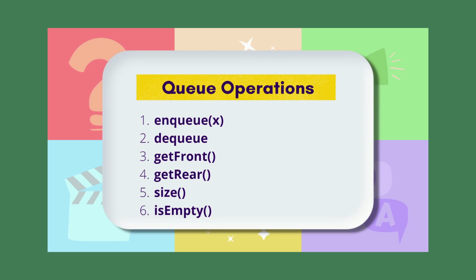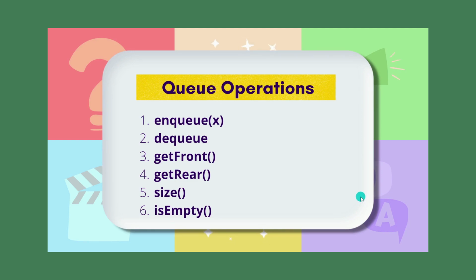Get front: get front gives you the first element of the queue. Get rear: rear, as you know, is the last element of the queue, so get rear always returns the last element of the queue.